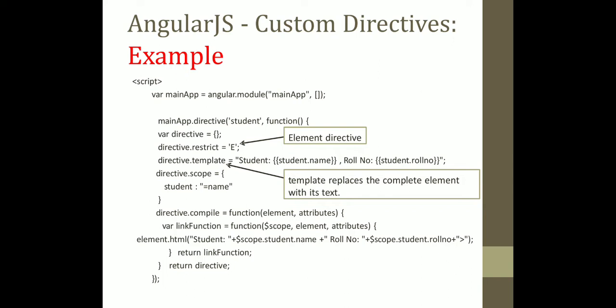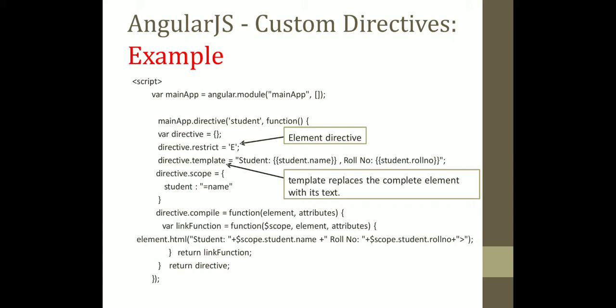Then for the student function we created the custom directive with the name student, like mainApp.directive. We have to pass the parameters student and function. And the variable directive we have created with an element directive.